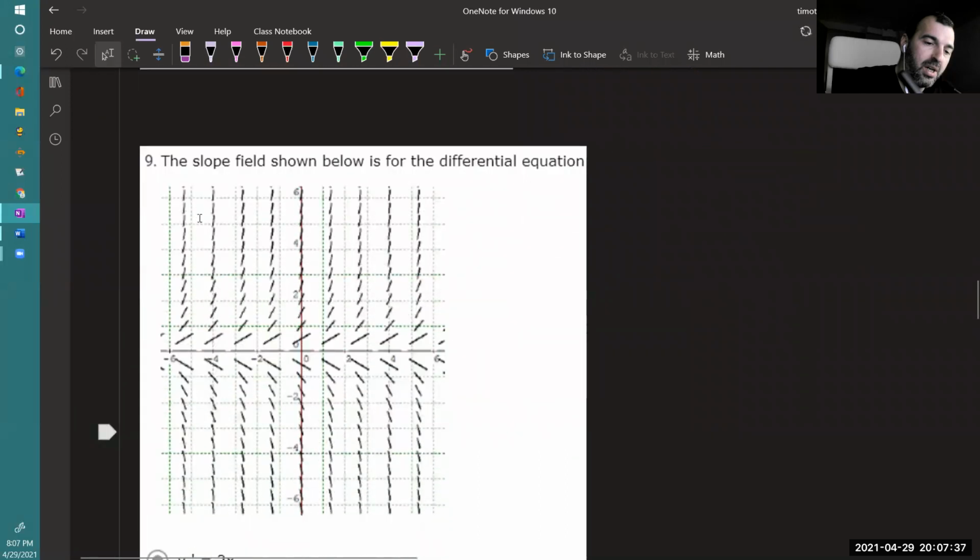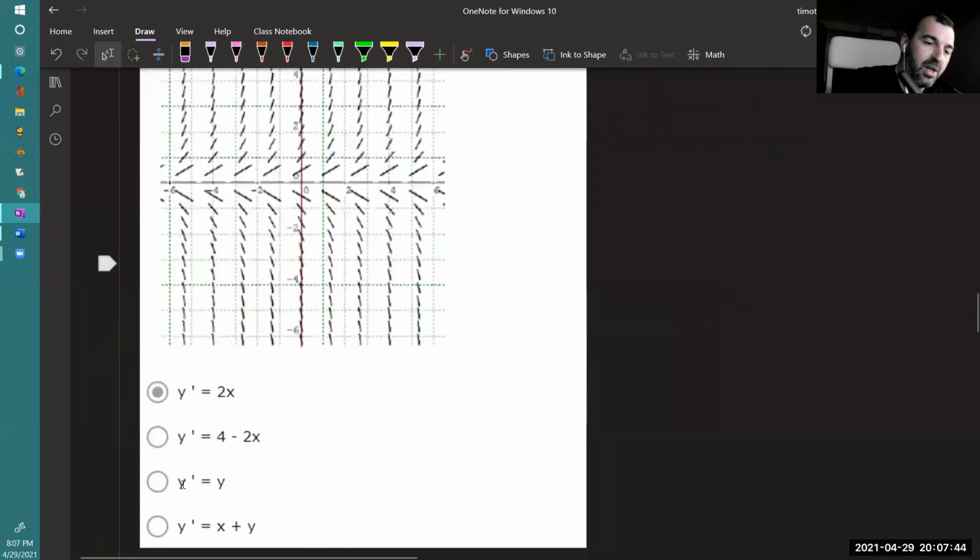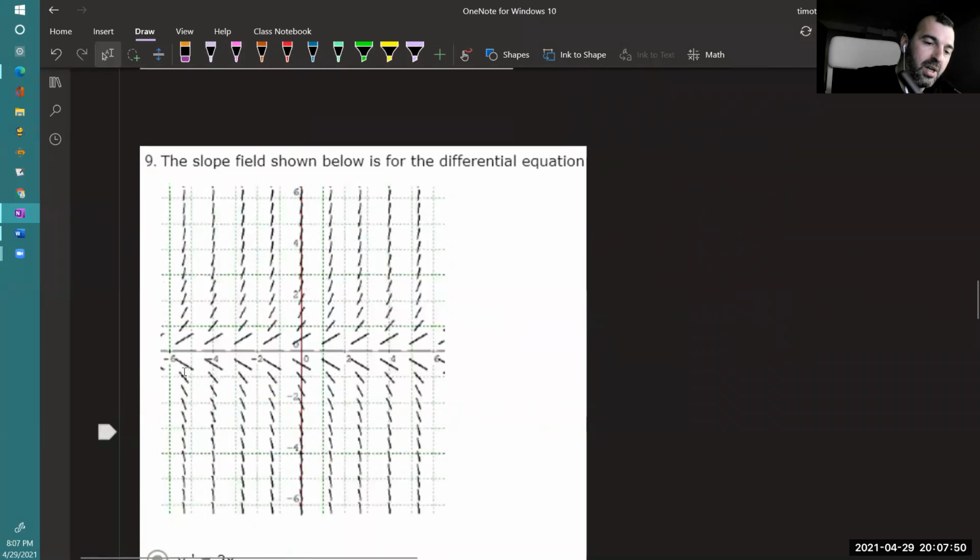Here, this is a good question. The slope field below is for which differential equation? They must give us some. Okay, so they give us a few differential equations here. And look at this, it's rows of parallel slopes. See that? It's a row. You see this row right here? It's a parallel slope field. Here's another row.